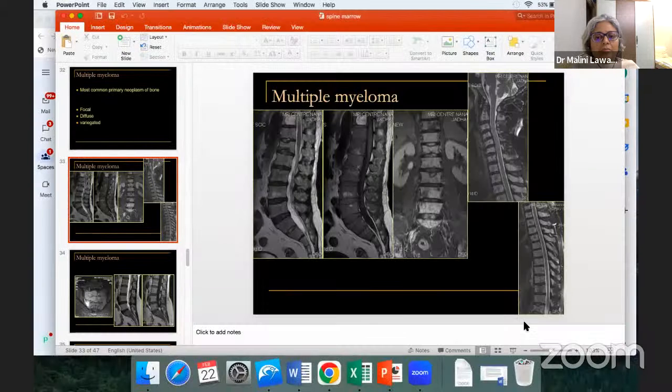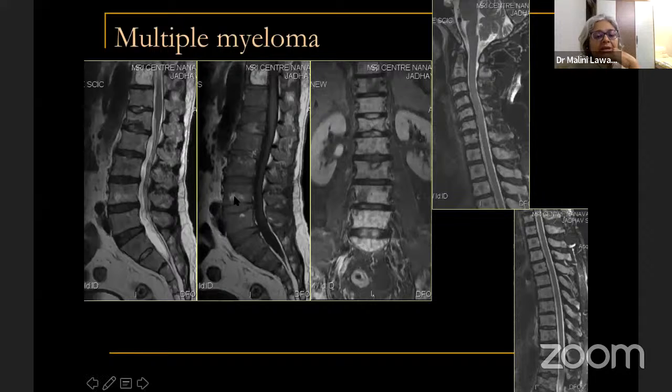When you have multiple myeloma, I'll show you how multiple myeloma looks. I'll just share the screen. You can see this. Here on the T1 weighted image, a normal vertebral body in adults should be brighter than the disc. They should not be darker than the disc.